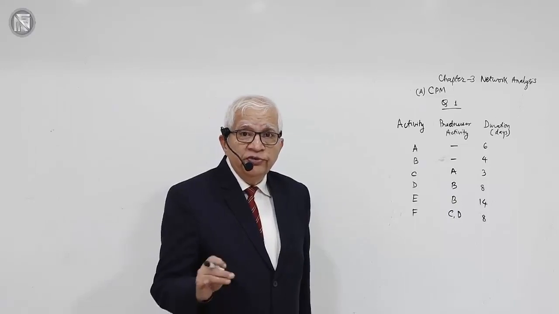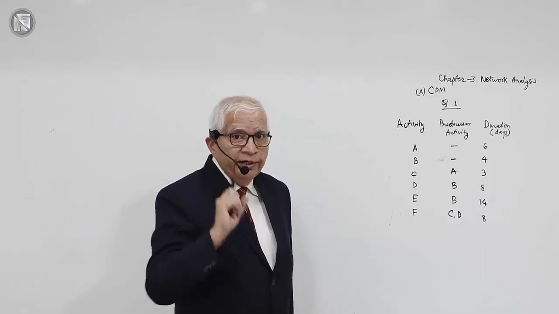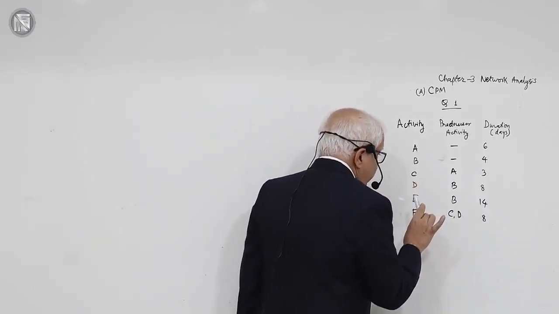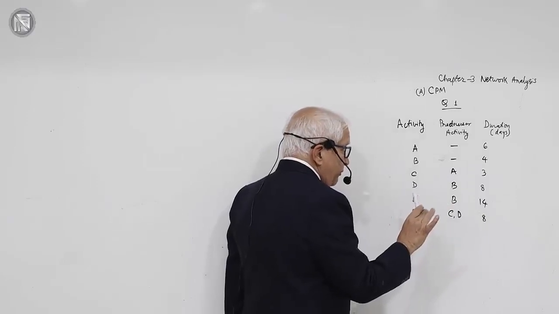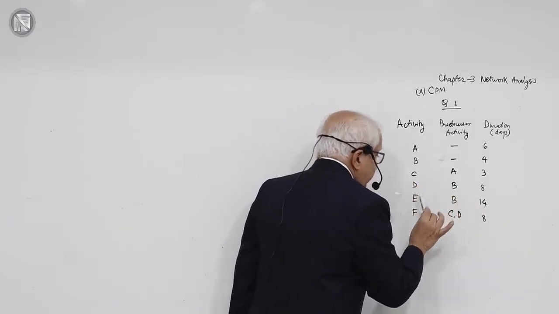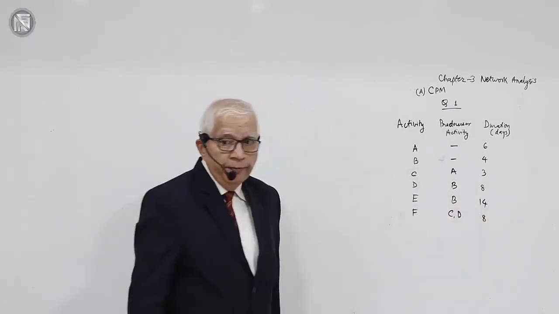So activity C presupposes that activity A is completed in all respects. Similar situation in respect of activities D and E. Both these activities require that activity B should be completed before I undertake activity D. Even E requires that activity B should be completed before I undertake activity E.